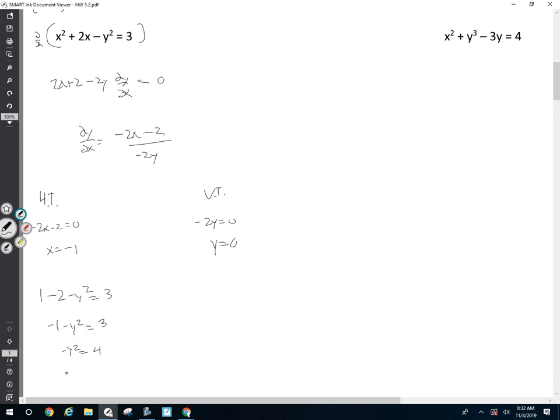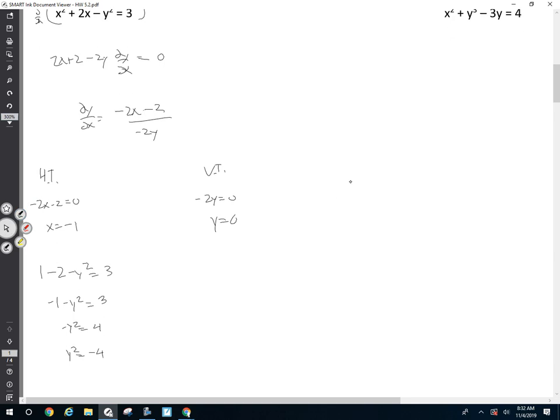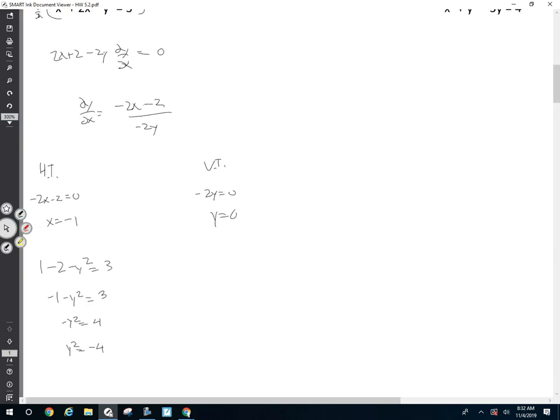I think that we have a situation where we're not going to be able to see this point. So I don't want to worry about square roots of negatives, so we'll look at the graph.